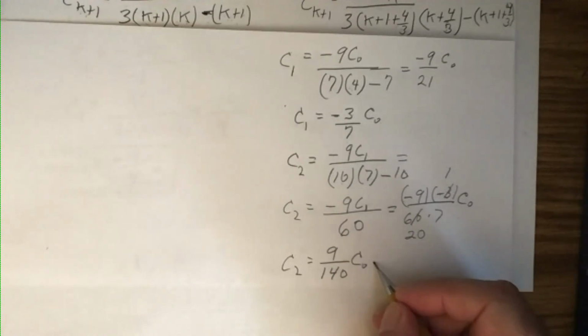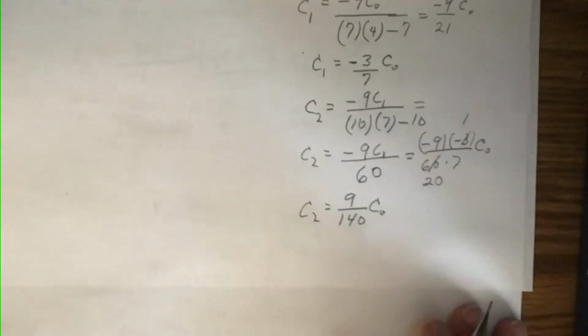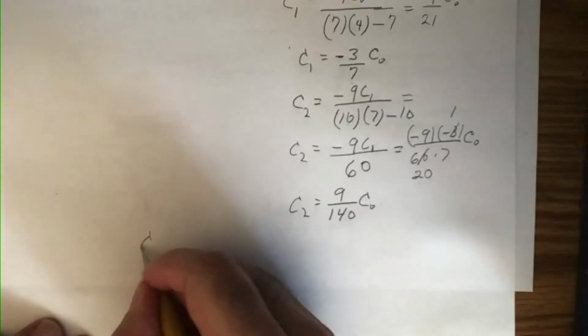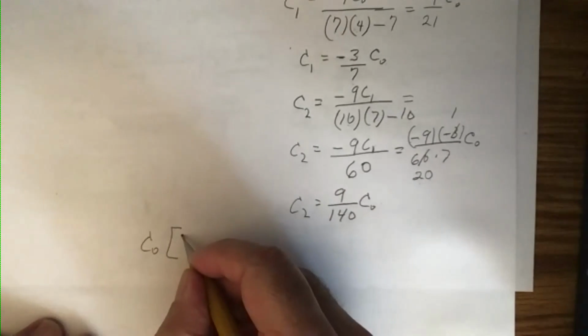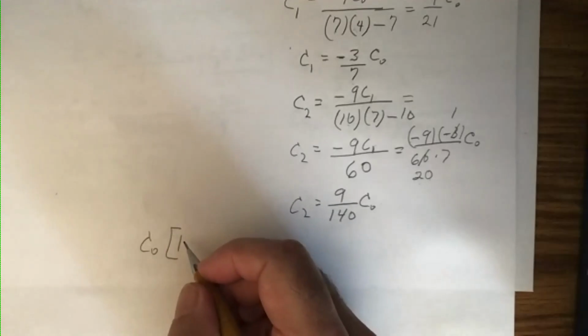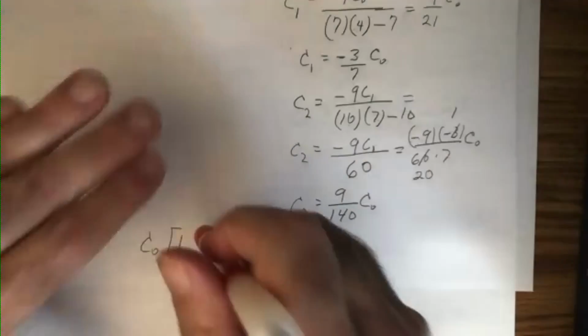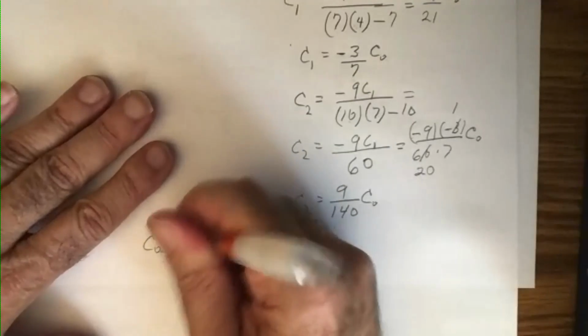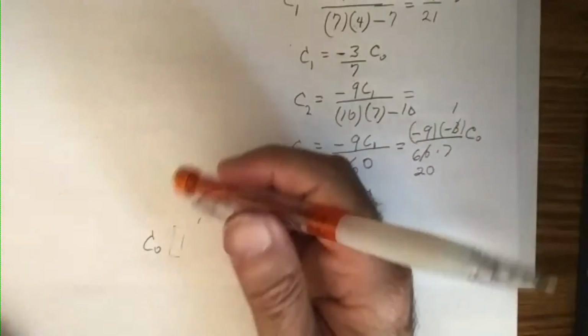Okay, so that's what C2 is. So my other solution would be 1. Well, I've got to be careful now. My other solution now, well, maybe I should do it. Let's see.